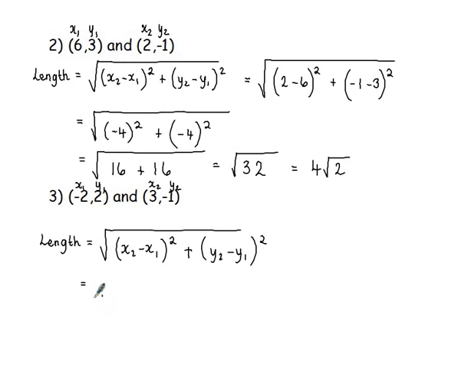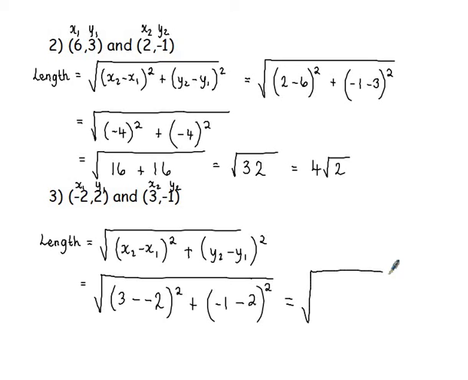So substitute the values in. So we have x2 is 3, so we've got 3, take away minus 2 all squared, plus, and then your y2 minus y1, so minus 1 minus 2 all squared.